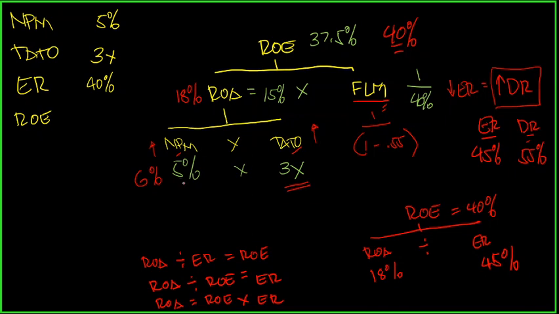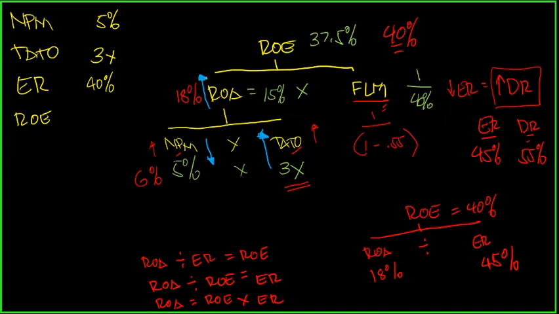Okay? For example, we all know that the higher the net profit margin, the better for the company. But if a decision resulted to a lower net profit margin, but it's coupled with a higher total asset turnover, and if you put this together, overall it resulted to a higher return on asset.